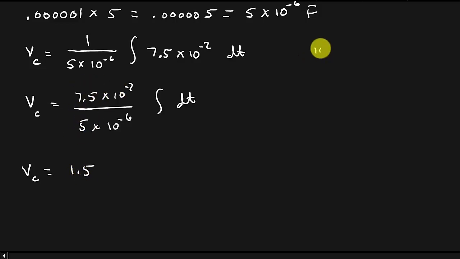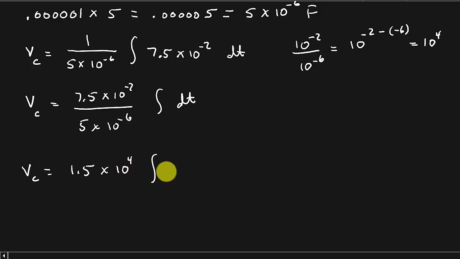And 10 to the negative 2 over 10 to the negative 6 is 10 to the negative 2 minus negative 6, subtract exponents, and so that's 10 to the 4th.